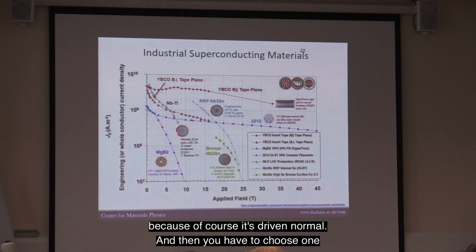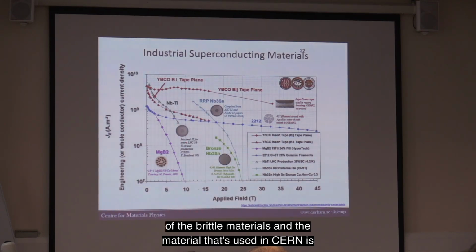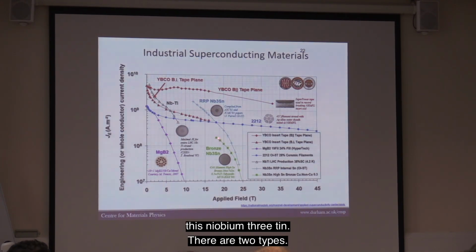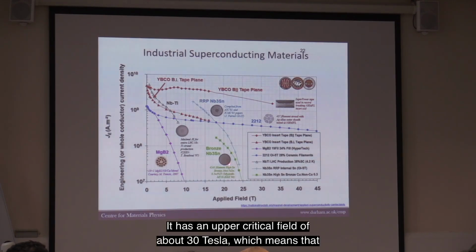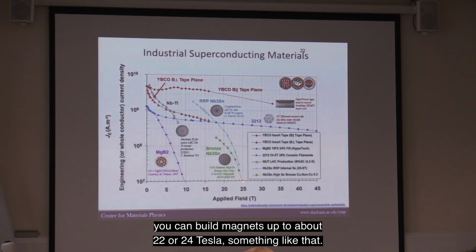And then you have to choose one of the brittle materials. The material that's used in CERN is niobium 3 tin. There are a few types of niobium 3 tin. It has an upper critical field of about 30 Tesla, which means that you can build magnets up to about 22 or 24 Tesla.